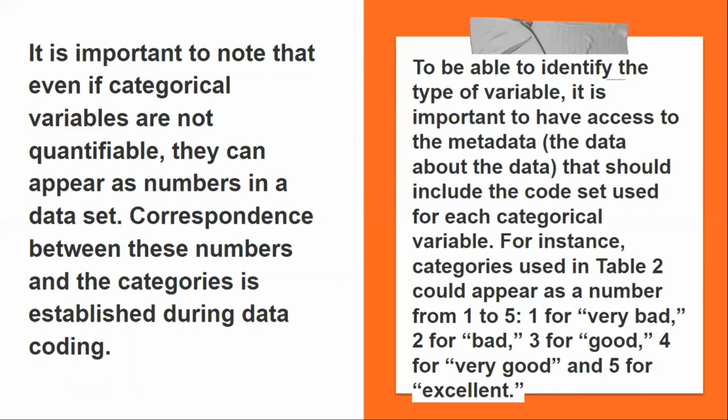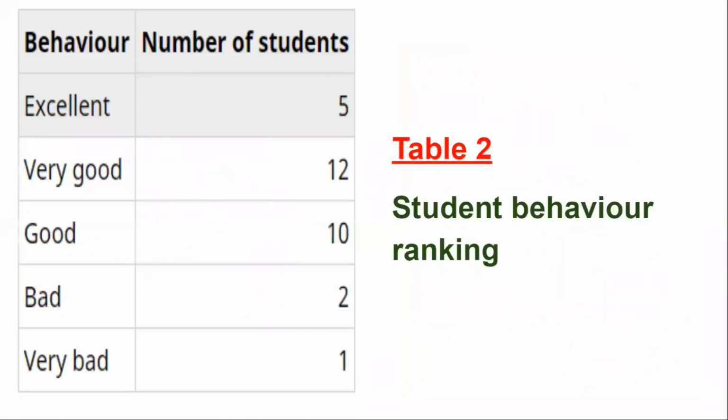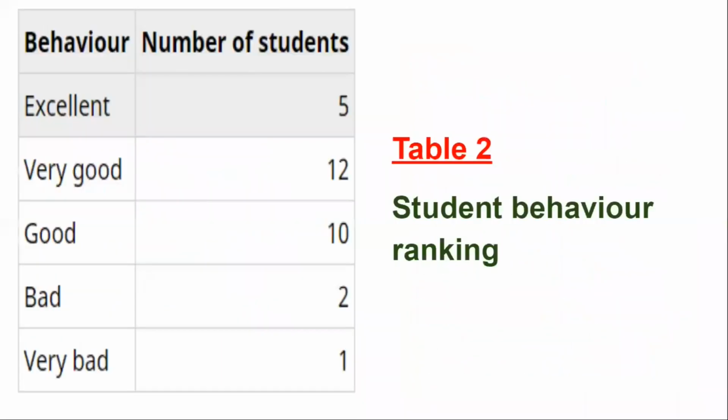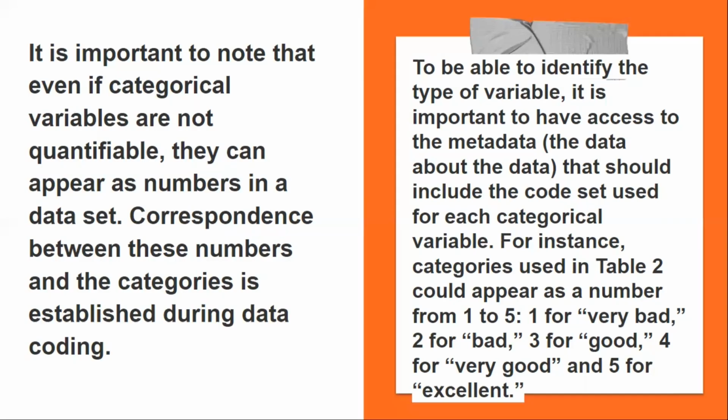For instance, categories used in table 2, this table on behavior. The category could appear to be number 1 to 5, 1 for very good, 2 for bad, 3 for good, 4 for very good, and finally 5 for the modality excellent.